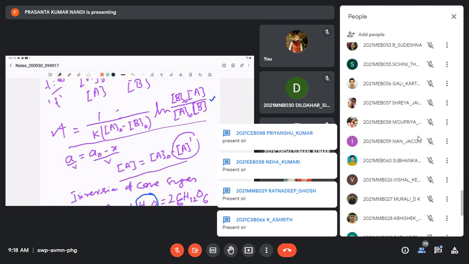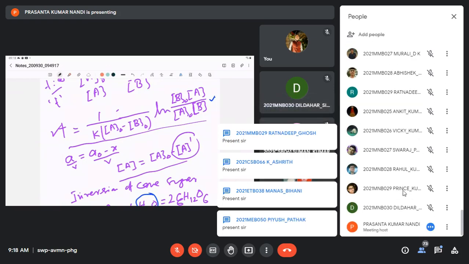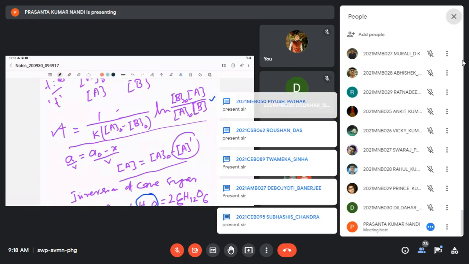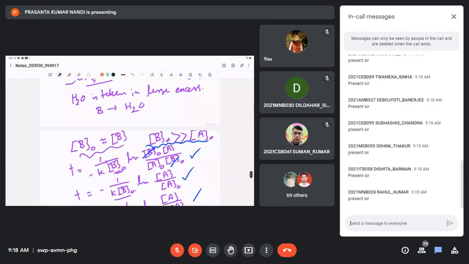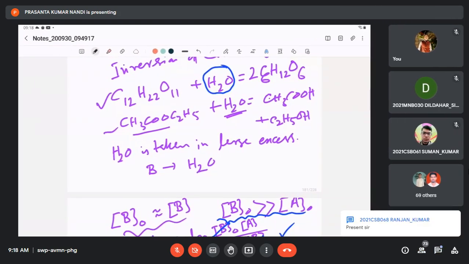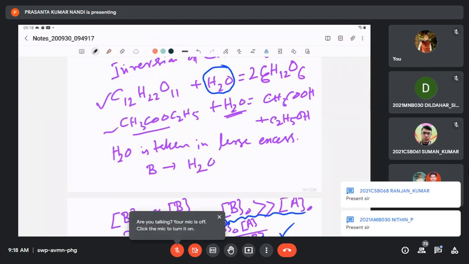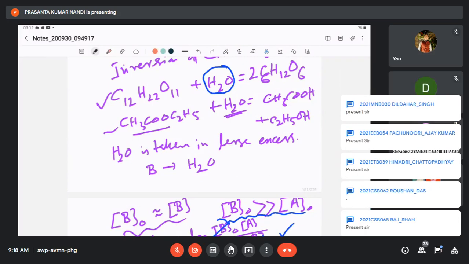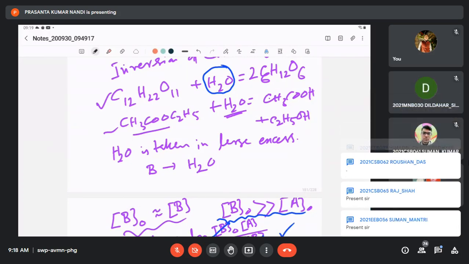Now the integrated rate equation you can derive. Now say suppose we have taken hydrolysis of ester or whatever any reaction you can choose, because both reactions, whether it is inversion of cane sugar or hydrolysis of ester in acid medium, both require water as a reactant species. And suppose water is taken in large excess, right?